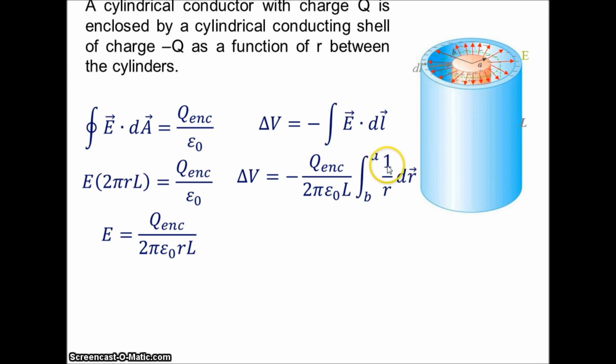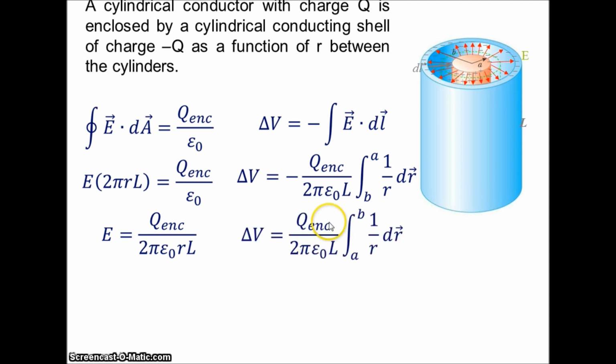And the only thing I'm integrating is 1 over r times dr. Now when I integrate this, that's going to be natural log. So I can't really get rid of the negative like I did before. I can get rid of this negative sign by reversing the limits of integration, and that's what I'm going to do here. And when I integrate 1 over r, I get natural log.